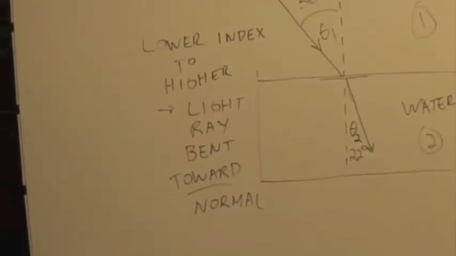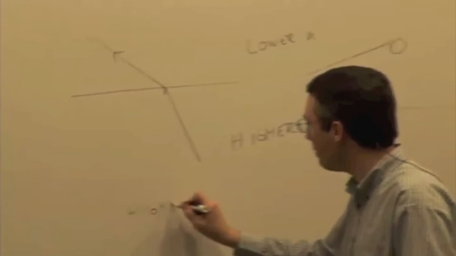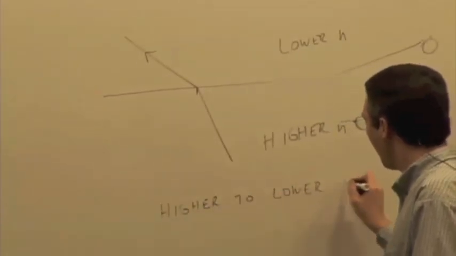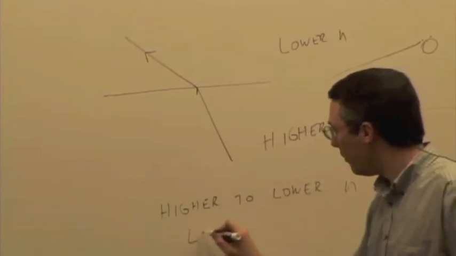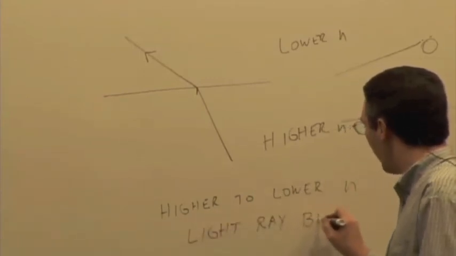In the other case, we had a light ray going from a higher, and again, this is an exaggerated picture, but we have a higher N and a lower N here. If you go from a higher to a lower N, you have the light ray bent away from the normal.